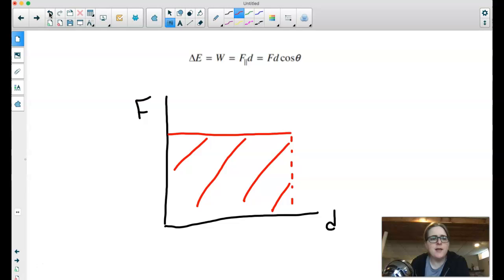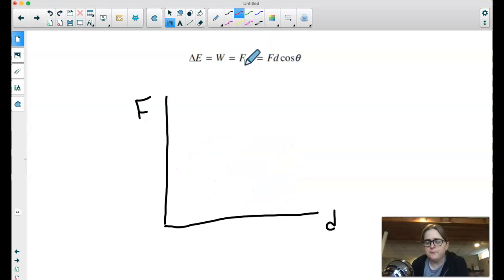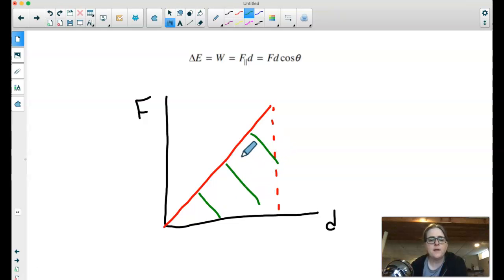So again, we have an example of where if you multiply two quantities together in a formula, that means they are related to the area of that graph. If I go to a scenario where I have a changing force, one that increases as you stretch farther, like you might have with a spring, then if I find the area of that, that's going to get me the work, which is also equal to the change in energy.